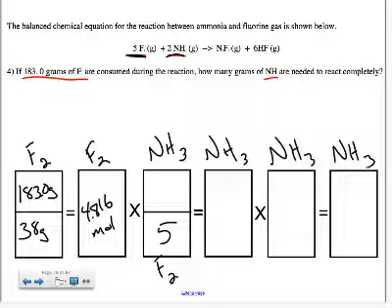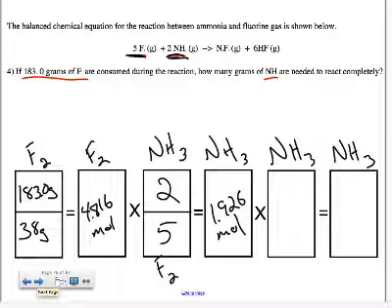And the coefficient of ammonia in the equation is 2. So multiplying the number of moles times the mole fraction, 4.816 times 2 divided by 5 is 1.926 moles of ammonia.